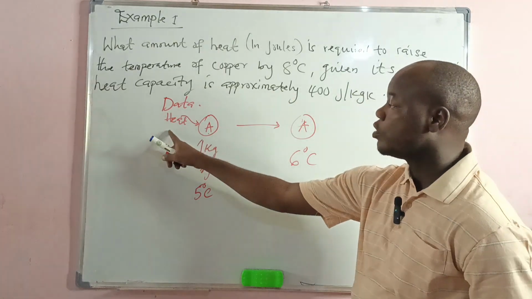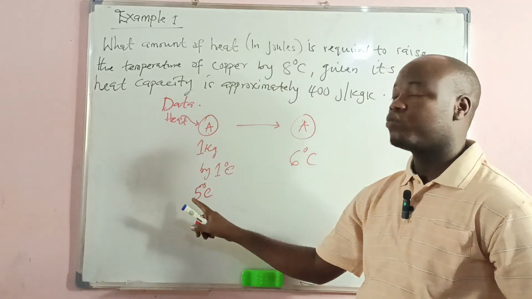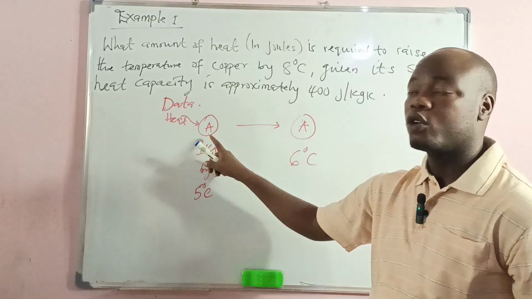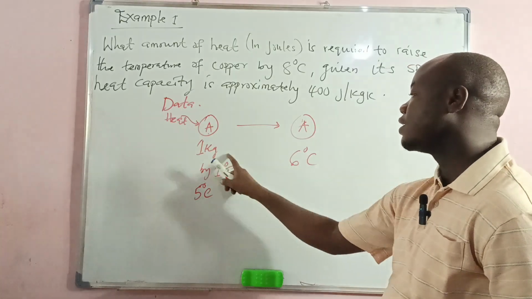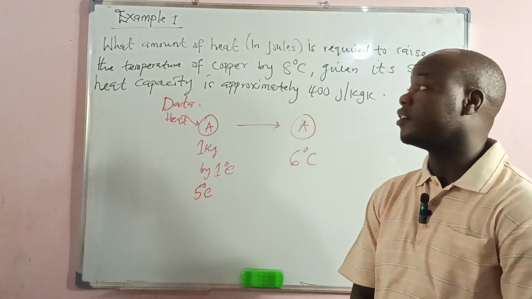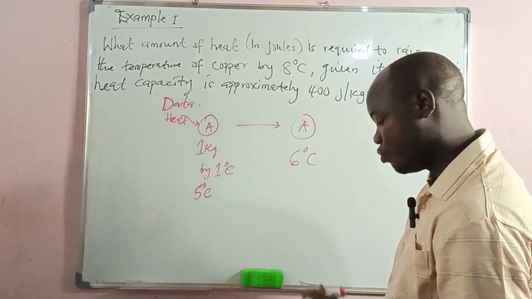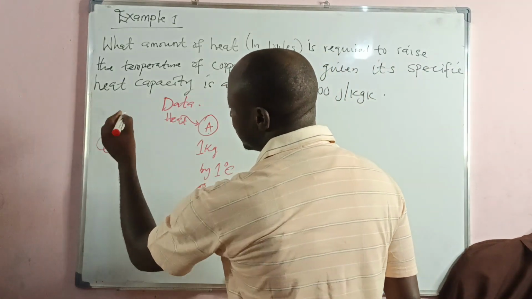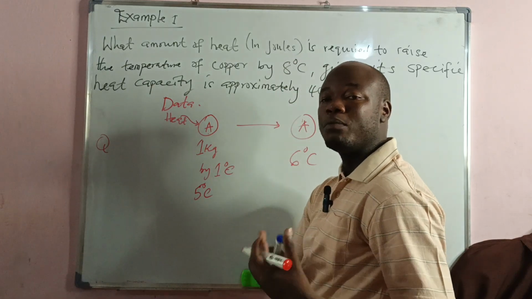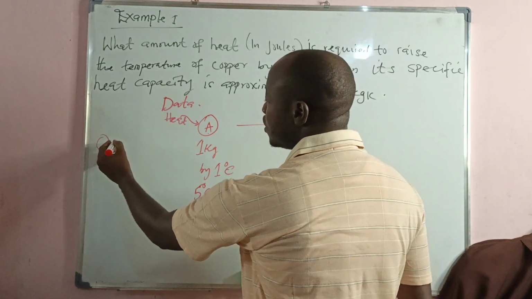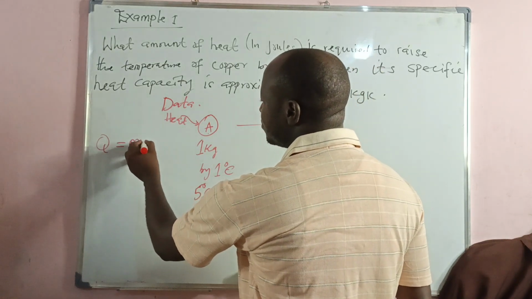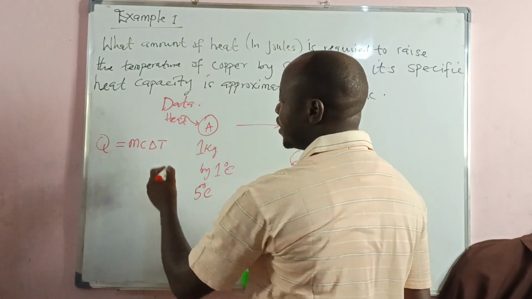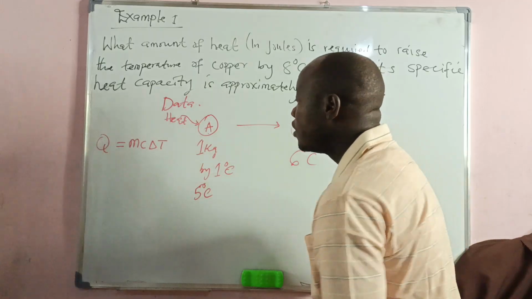That is the amount of heat that is required to raise the temperature of an object of 1 kilogram by 1 degree centigrade. And we have a formula that relates the quantity of heat required to raise the temperature of the object, which is Q equals mc delta T.